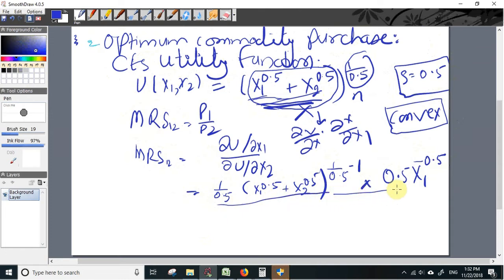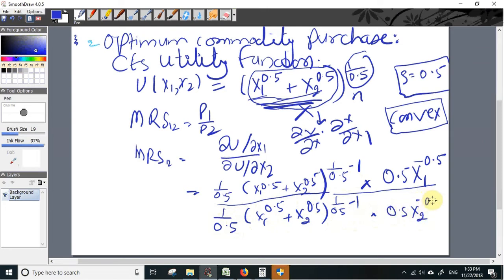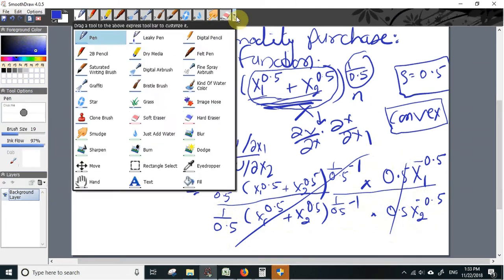Over the marginal utility of x2 will look like this. This is 1 over 0.5 times x1 to the power 0.5 plus x2 to the power 0.5 whole power 1 over 0.5 minus 1 times 0.5 x2 to the power negative 0.5. So all this term cancels. This 0.5 also cancels.